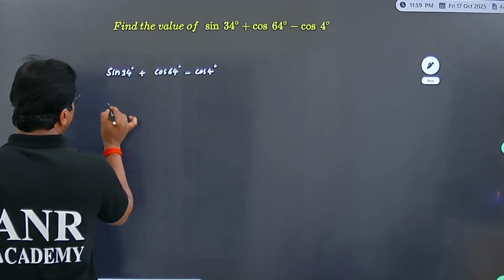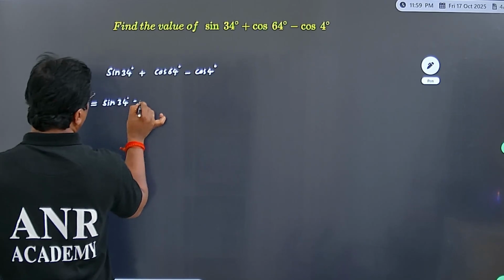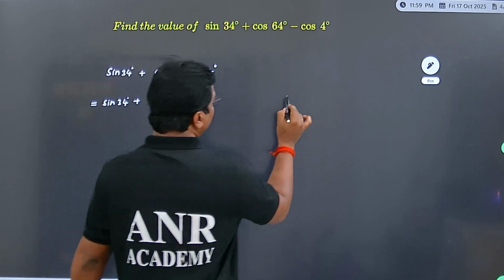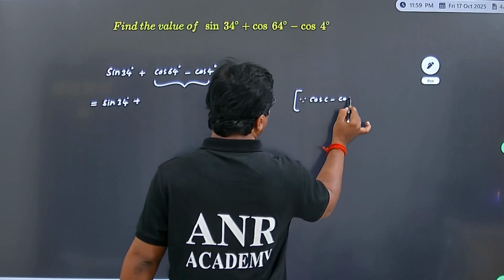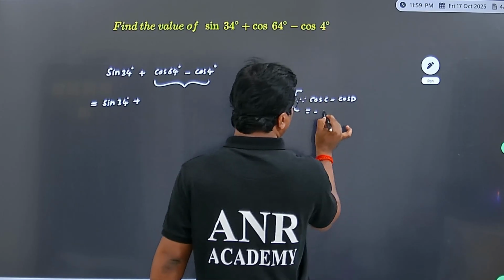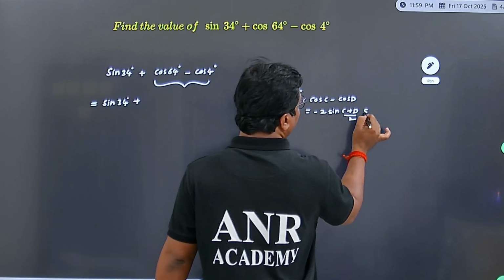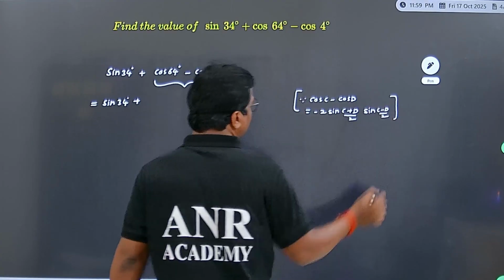Keep the first term as it is and here apply the cos C minus cos D formula. You know that cos C minus cos D can be written as minus 2 sin (C plus D) by 2 sin (C minus D) divided by 2.